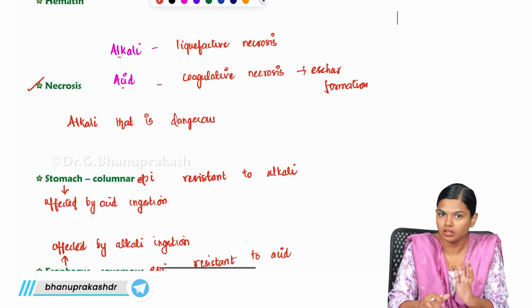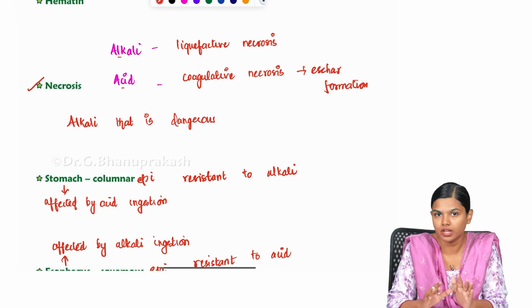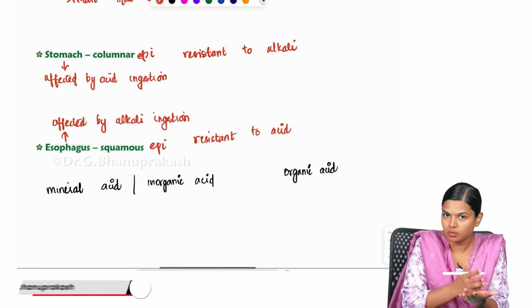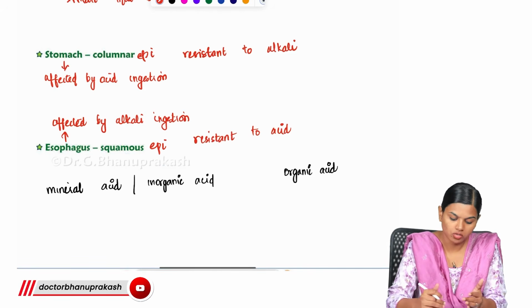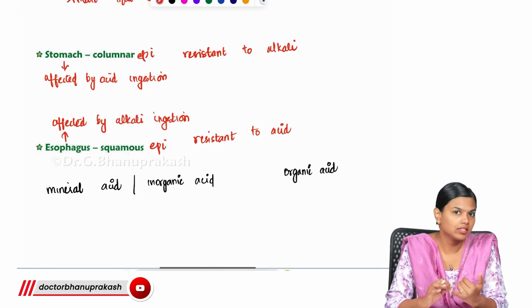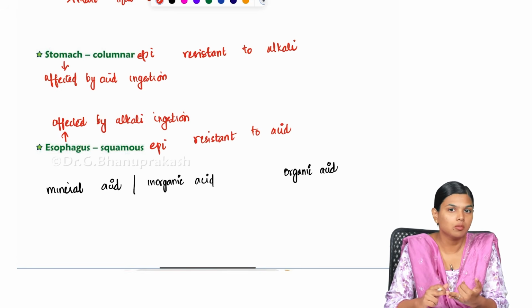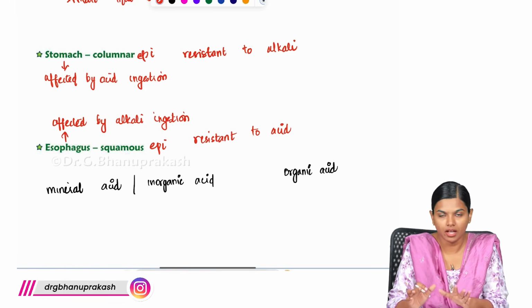The epithelium of the stomach is columnar and the epithelium of the esophagus is squamous. Columnar is resistant to alkali, and squamous is resistant to acid. Acid ingestion will lead to stomach damage, and esophageal damage is seen mostly in alkali ingestion. So this is the basic thing that we have to know.